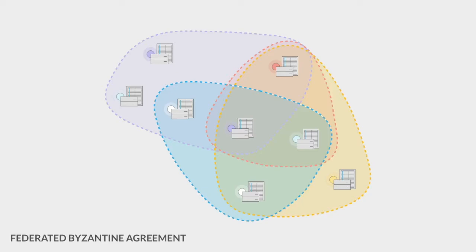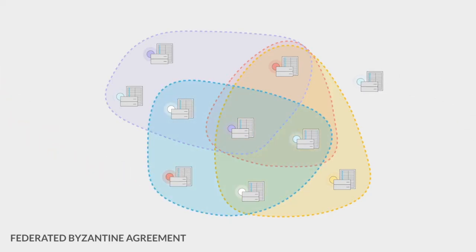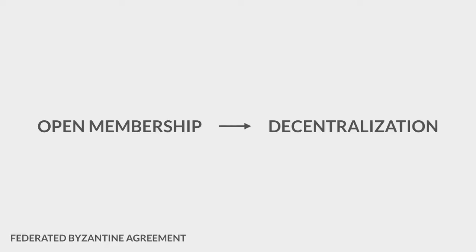Anyone can spin up a validator and participate in consensus if any other participating validator adds you to their quorum slice. Because there is no one master authority deciding which nodes get to participate in consensus, the network's construction inherently allows for growing decentralization, unlike BFT, as more and more nodes are added to the network and new quorum slices form. So to summarize this feature, quorum slices allow for open membership and therefore decentralization.